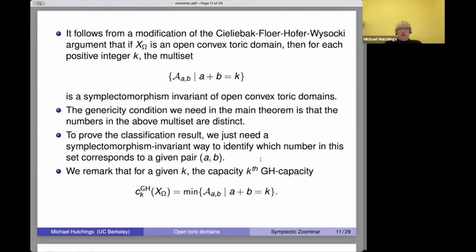So that's the task we're confronted with, to see that function from symplectic invariance. I will remark, we'll need this a little bit later, that the capacity, either defined the way John and I do it or by similar methods, is the minimum of these numbers where A plus B equals k.